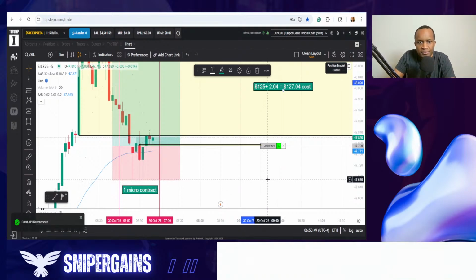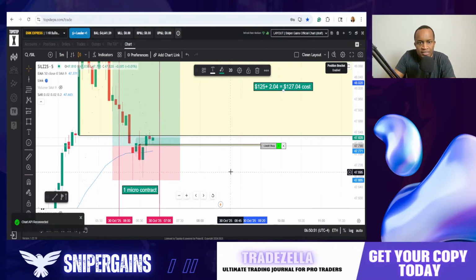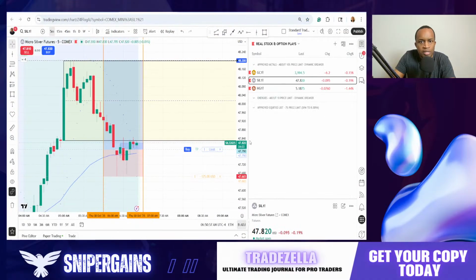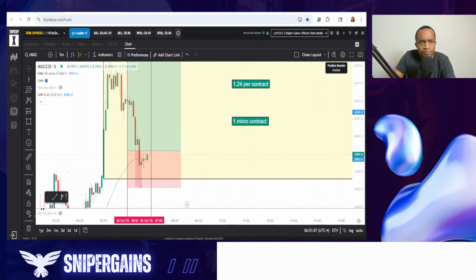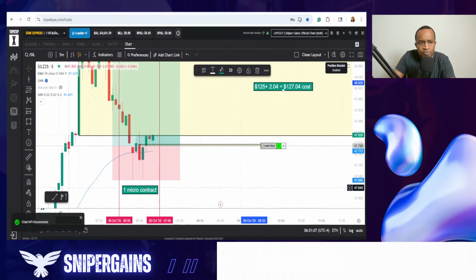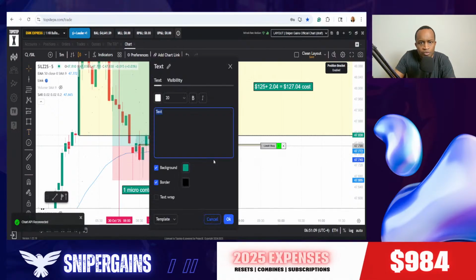But the total gain, if everything is correct, is going to be 410. So that's going to be 410 minus 204. It represents 1 micro contract.